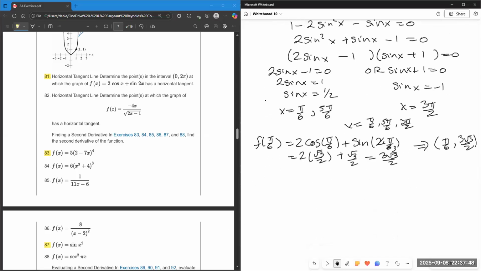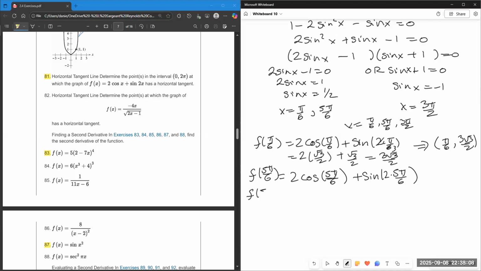We have f of 5 pi over 6 will be 2 cosine of 5 pi over 6 plus sine of 2 times 5 pi over 6.